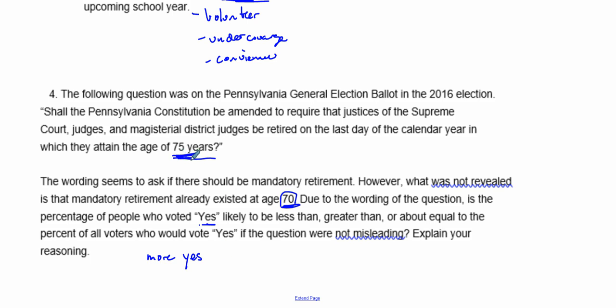If they're saying we should change it to 75 years, they're really leading people to say, okay, we'll raise the value. It doesn't say we're going to change the value at 70. It's just saying, should we make it 75 years, not knowing that many people may think it's 70. So, more yeses, which is misleading.